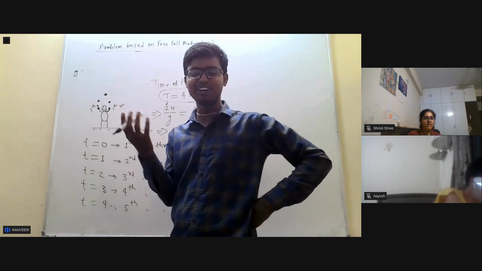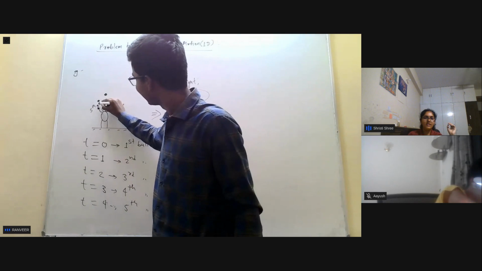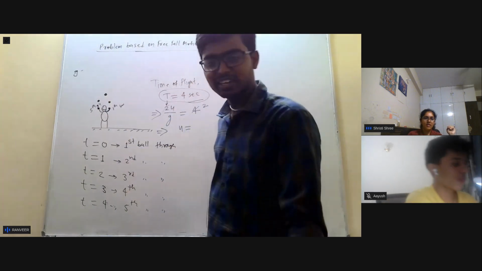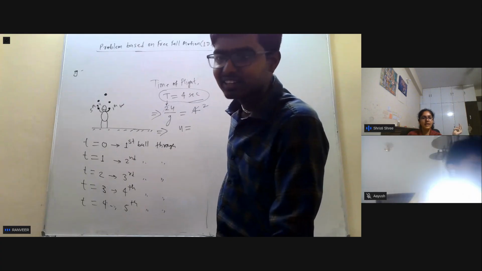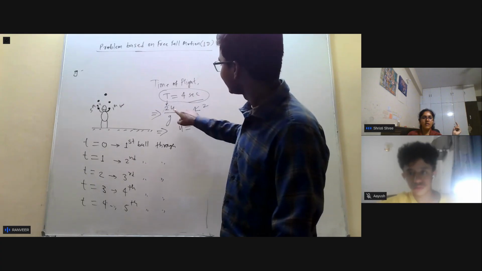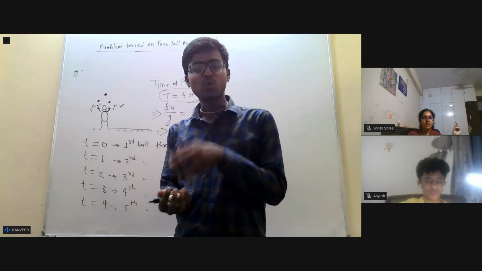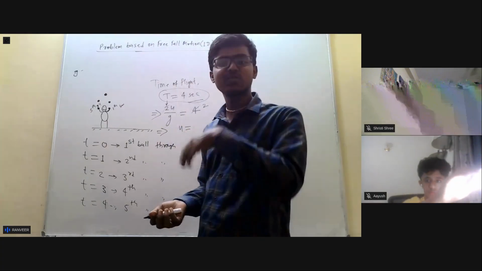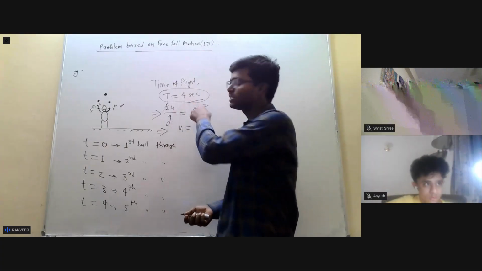He is throwing a ball. This ball does not have zero speed. At whatever speed it is thrown, that's how it gets the maximum height. If it is 0, then how will it be 4 seconds?